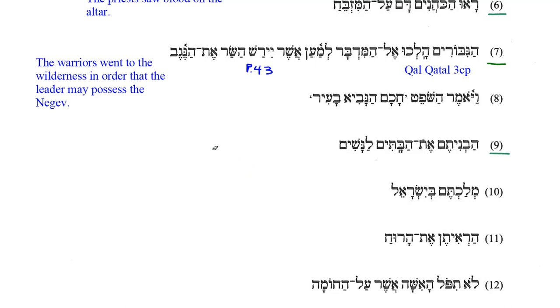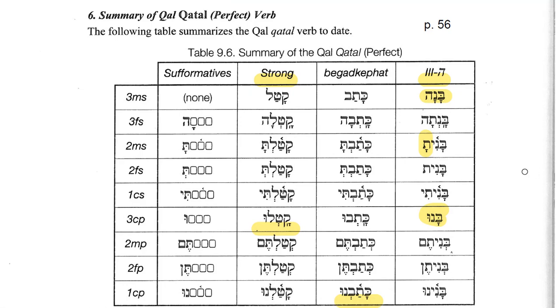So now we need to look at the verb itself, which we look at in the absence of the question. So we forget about the interrogative hey and just look at the rest of this. Banitem, banitem. That tem is making me think that we're looking at a Qatal verb here. Let's go look at our chart.